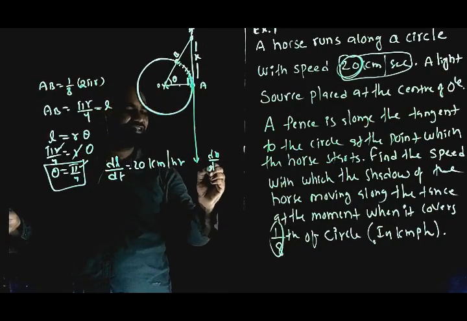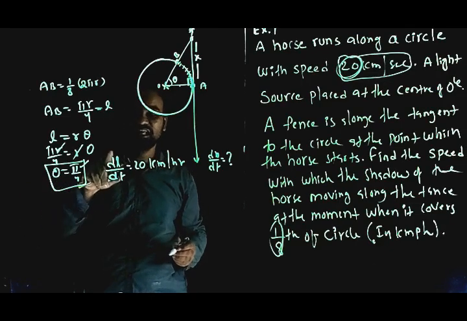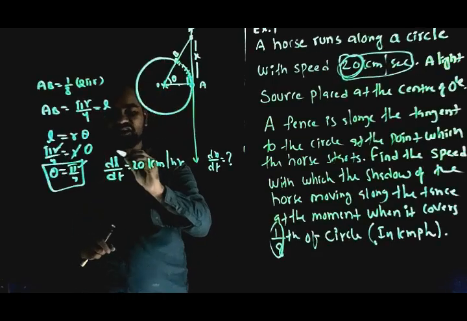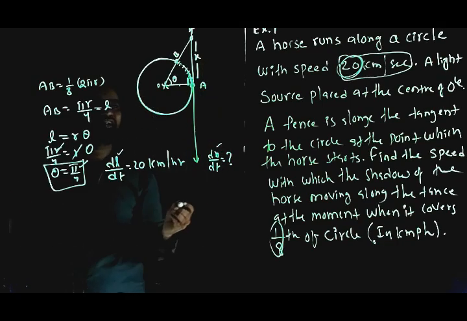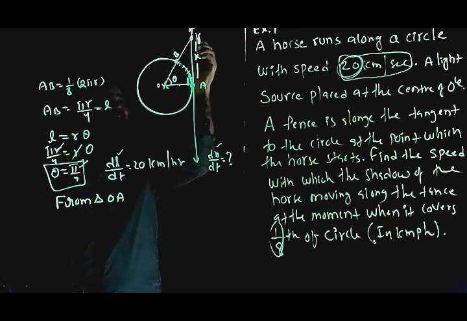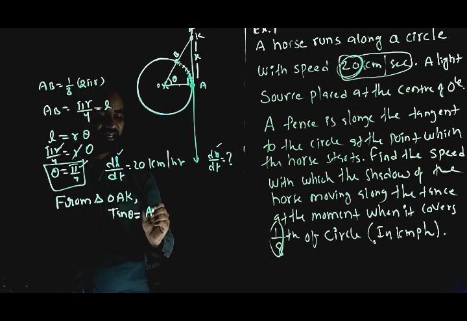What is dx by dt? At theta equal to pi by 4, dL by dt is equal to 20 km per hour, and at that time you want to find dx by dt. We just need to create the relation between L and x. So I am using the bigger right triangle, OAK. tan theta equals AK by OA.